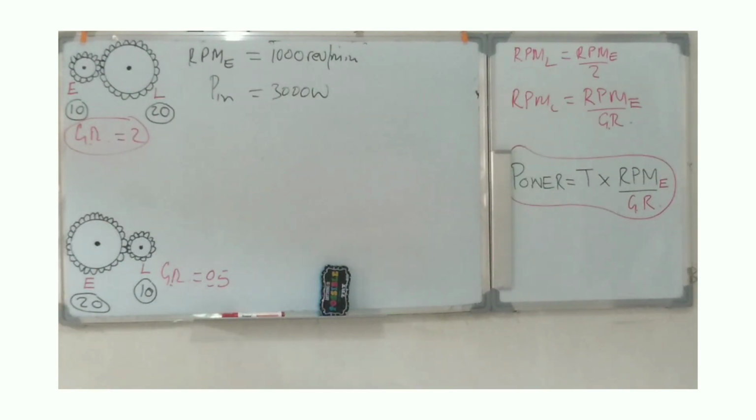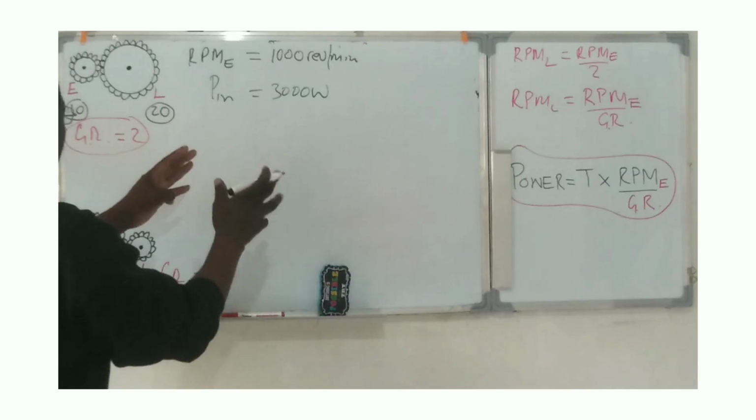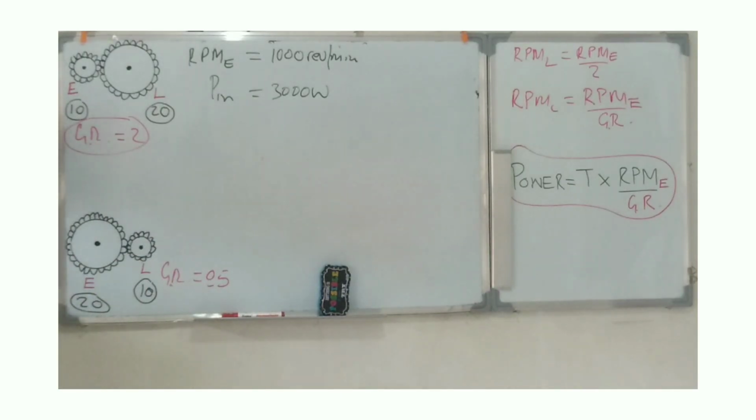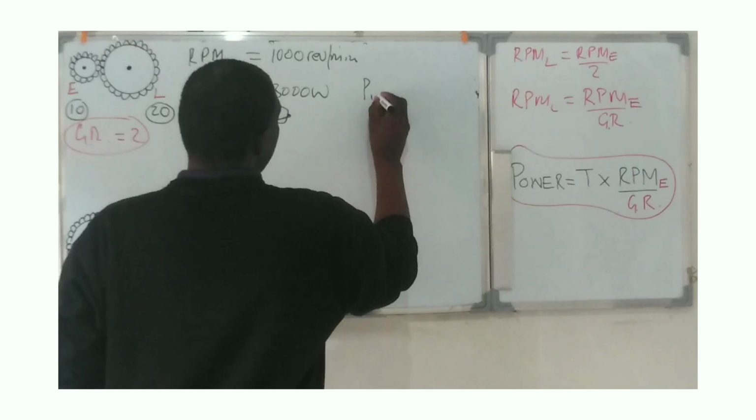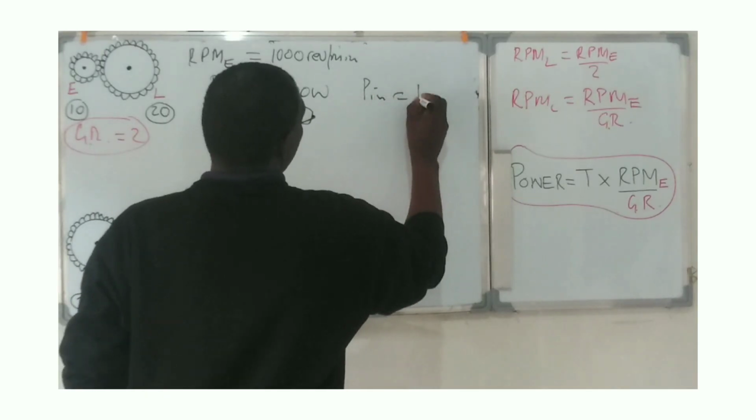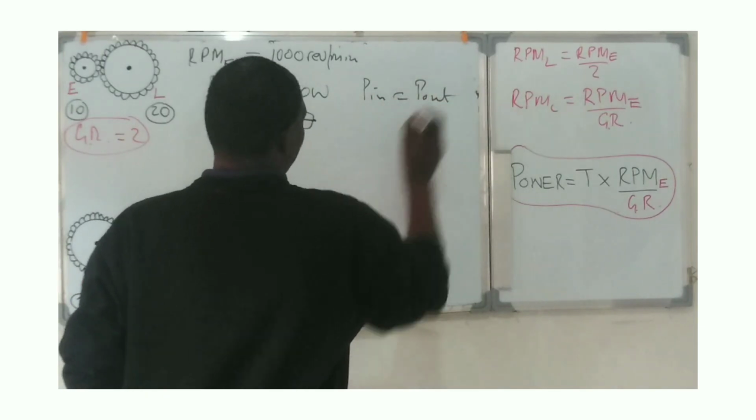Thirdly, let's also assume that the power in is equal to the power out. In other words, there is no loss of energy as this power is transferred from the effort gear to the load gear. So we can write power in is equal to power out.